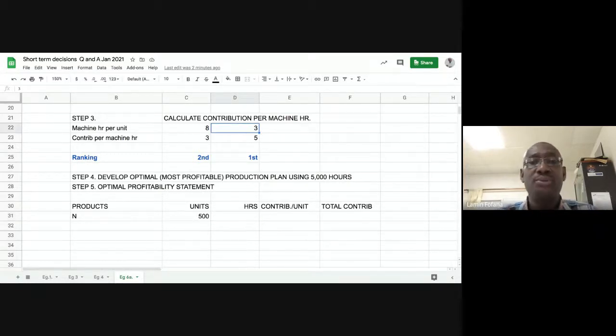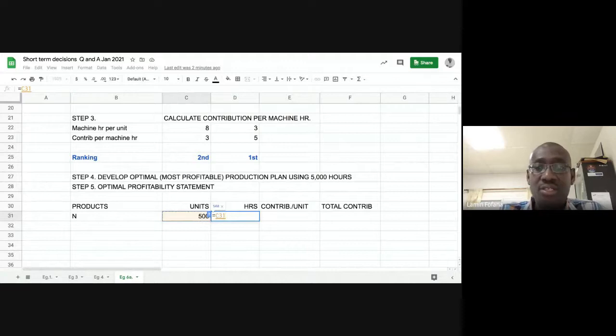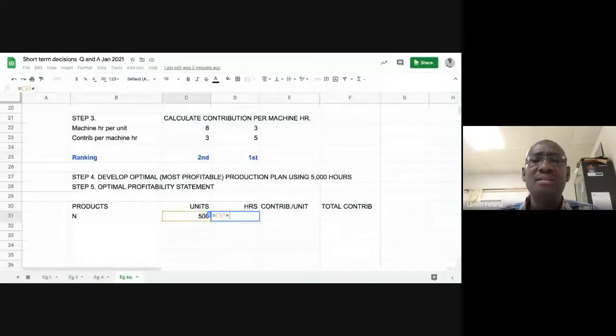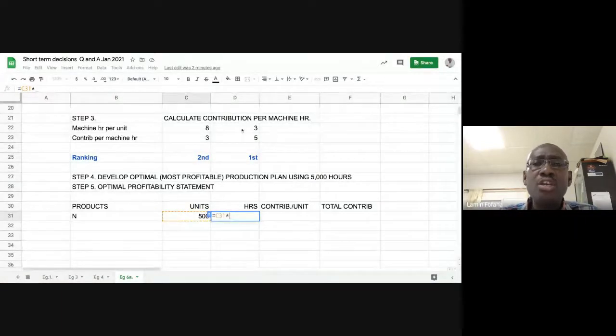So you say equals 500 units multiplied by the 3 hours, which is already on your answer sheet. Please don't type it again, because if you make a mistake in your calculation and change it, everything else will change.